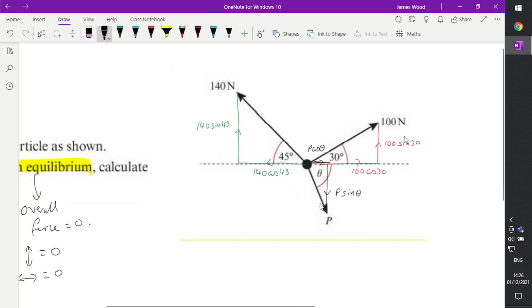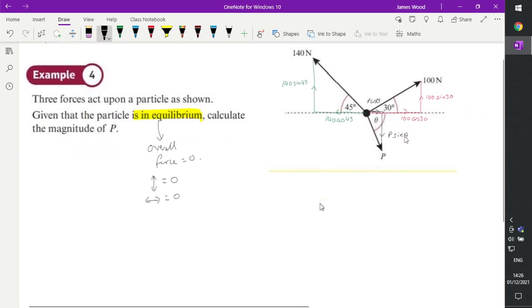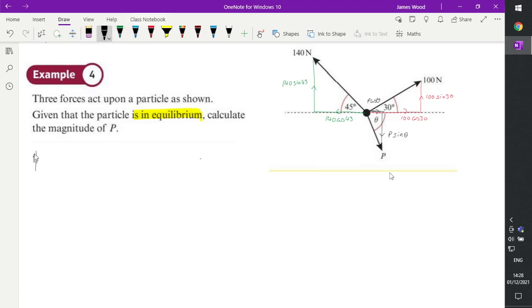So now that we've got all our forces labelled on there, we can resolve them vertically and horizontally and find out what P is and what theta is. So let's look at the vertical forces first of all. Just move this out of the way. So remember we're saying the overall force is 0, so basically the forces are balanced in all directions.